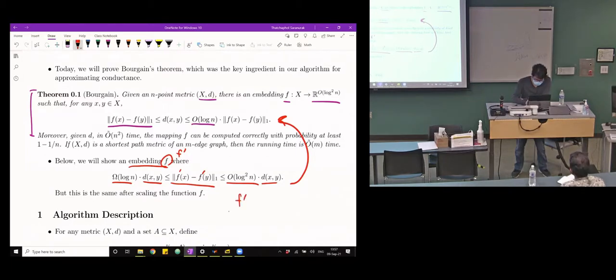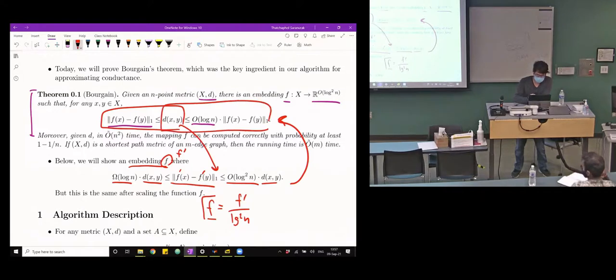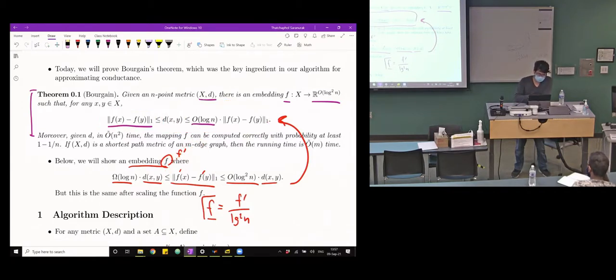If I look at f prime over log squared, and call this thing f, then you will have this because of here, and you will have this because of here, right? So you scale it by log squared. Okay.